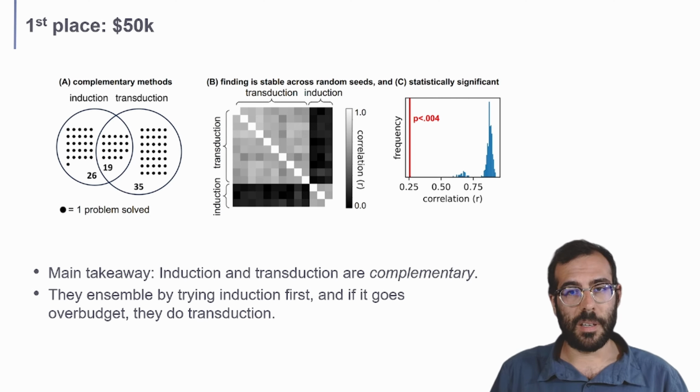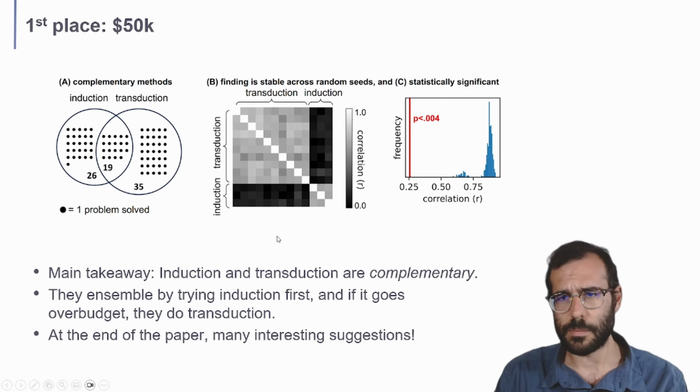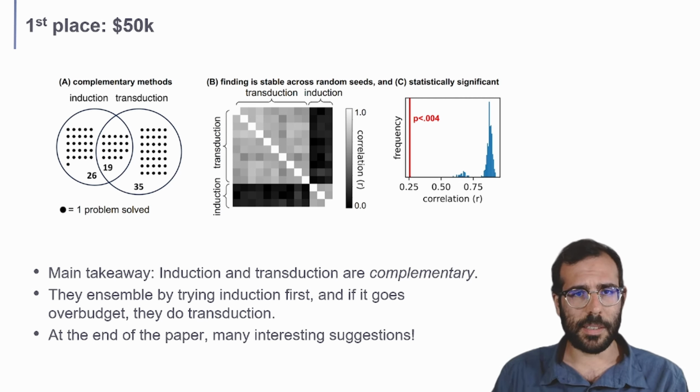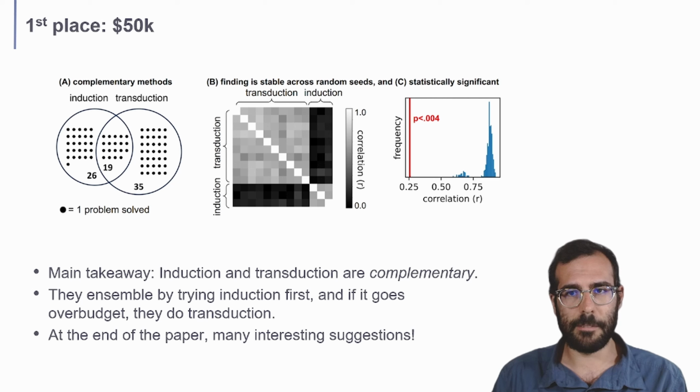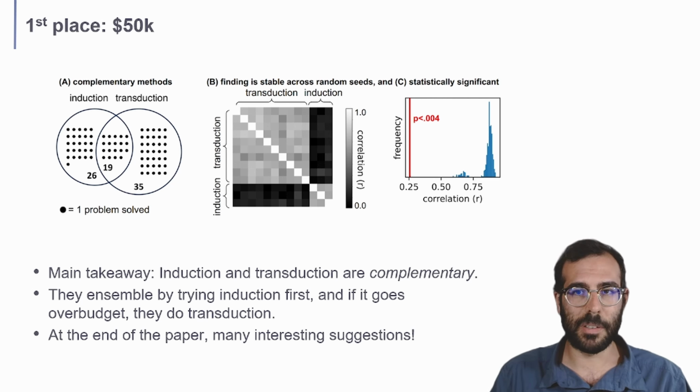And so you get this very nice complementarity of the two approaches, which means this is a surprisingly good strategy. Also, it's a really nice paper because at the end they have a lot of suggestions and ideas for future work. So if you're interested in developing your own solution, this is a good starting point, I think.